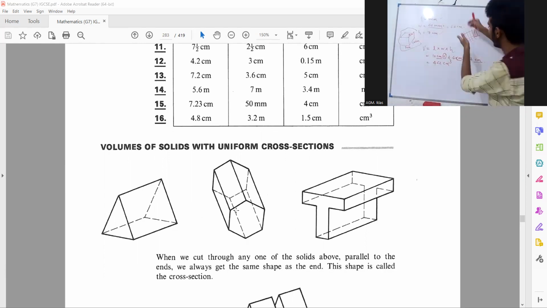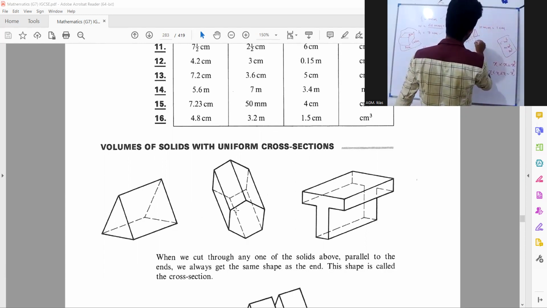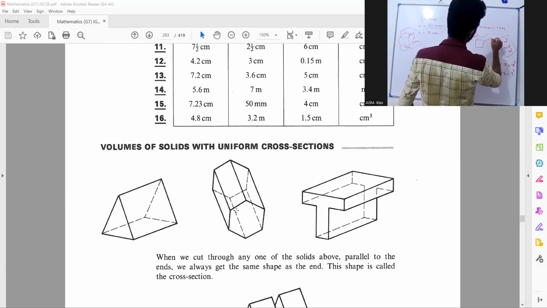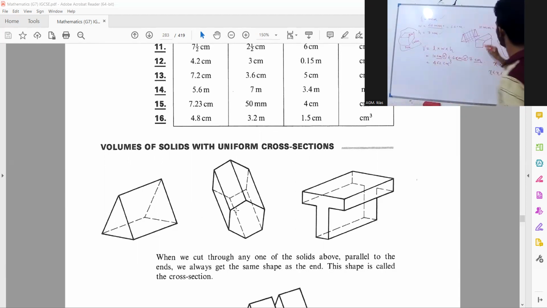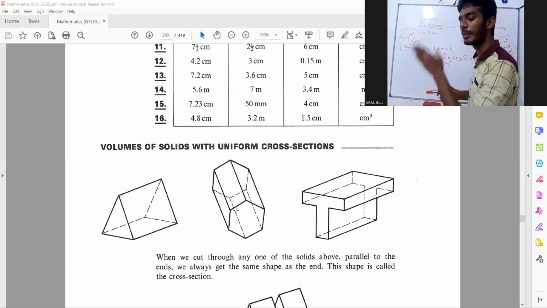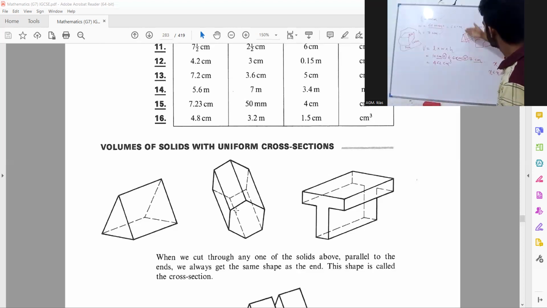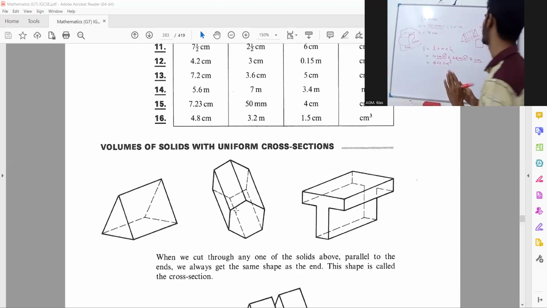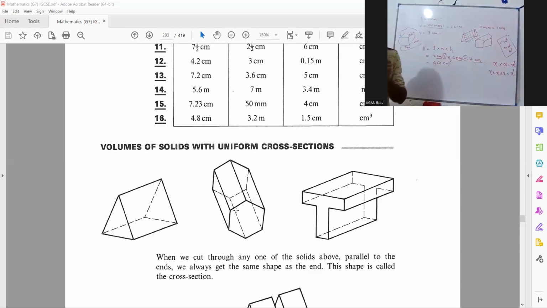Let's take a bread. If you slice this bread, you will end up with identical pieces of bread. Like if you cut this prism, you will end up with identical triangles. That's what is meant by the term uniform cross section.